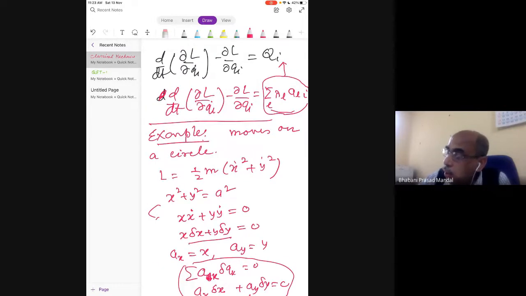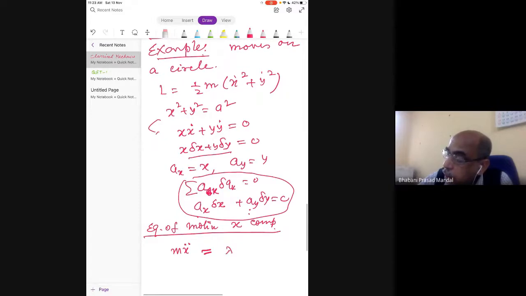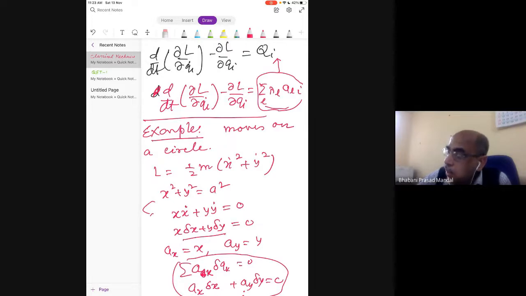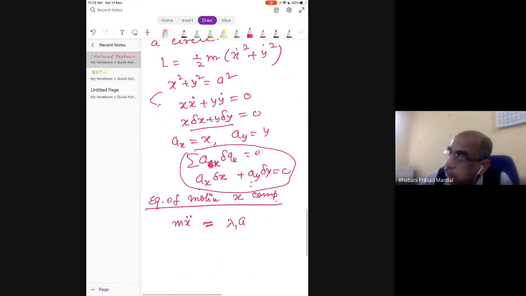L is only 1, so only one lambda, lambda 1, times a_x, which is x. Similarly, the y component equation will be m y double dot equals lambda 1 times a_y. But a_x and a_y are known, so you can write the equations: m x double dot is lambda 1 x, and m y double dot is lambda 1 y.